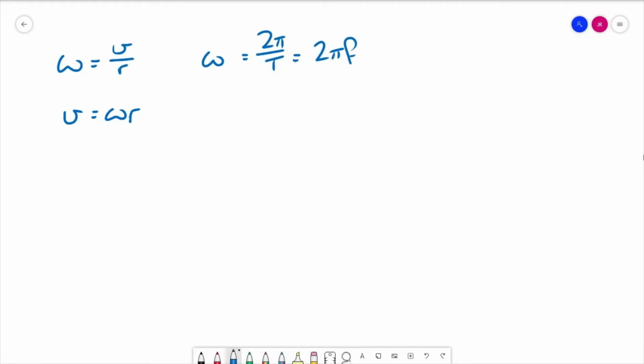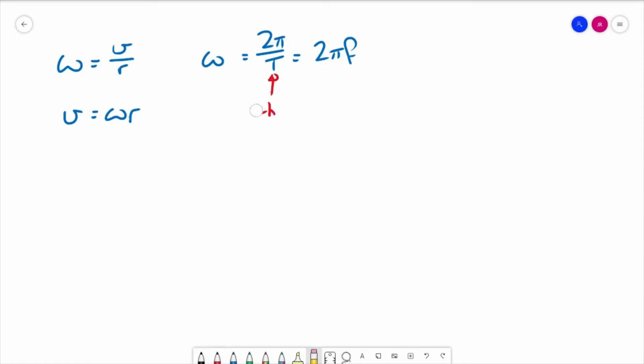On a new slide for the velocity then, we're going to obviously treat this as circular motion, which we know it is. So we're going to start with the equation omega is v over r, or of course we can just say v is omega r. Now we know that omega is either 2 pi over T or 2 pi f, but again we already know what T is.